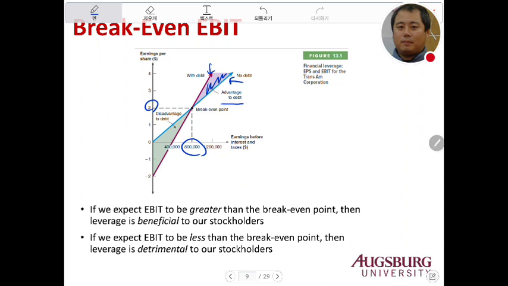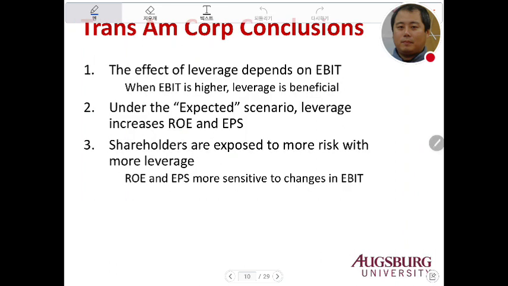So if we increase the debt and if the EBIT is higher, then we have some benefit. But there's also a disadvantage to debt if we lose money, if our EBIT is less. So if we make more money, then debt is beneficial. If we make less money, then debt is less beneficial.